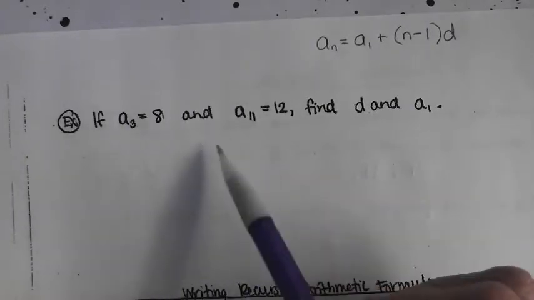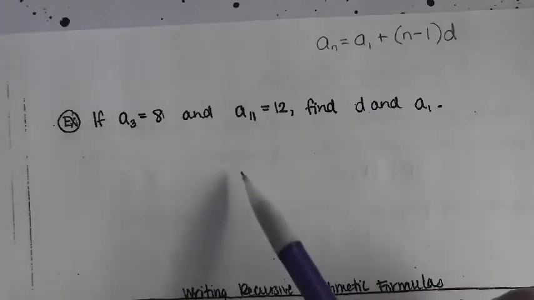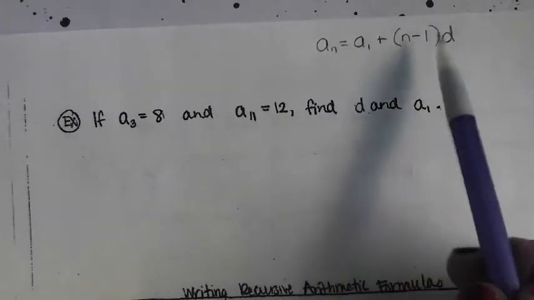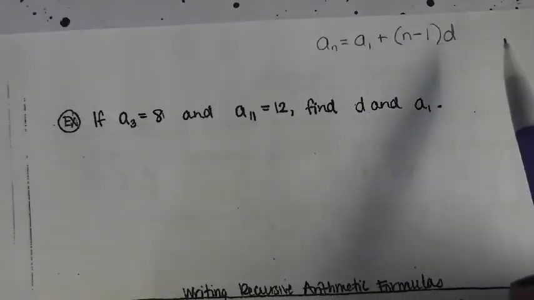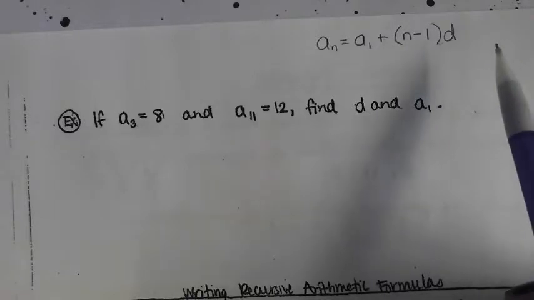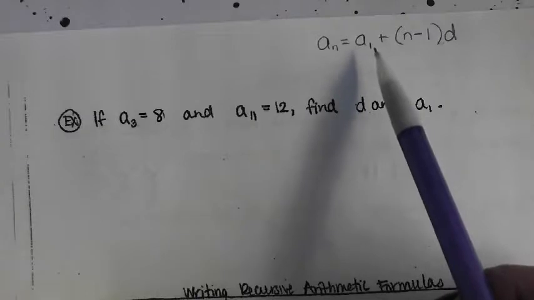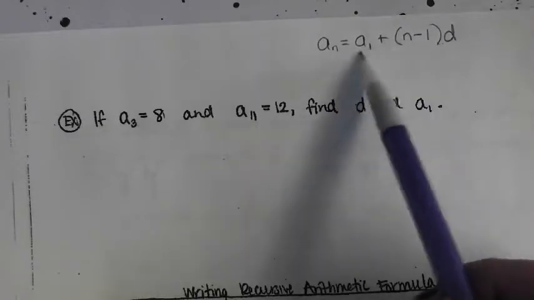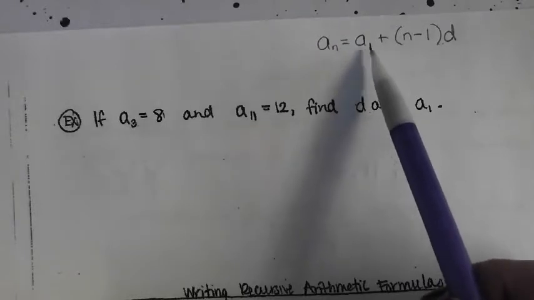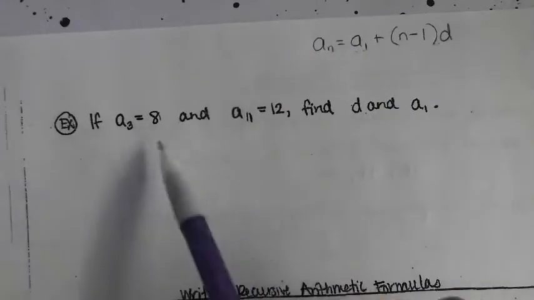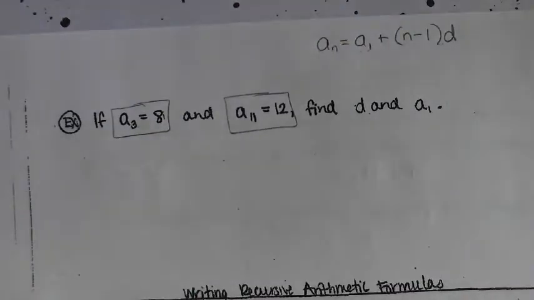I couldn't, with this formula, figure out D right from the get-go, because I don't have the first term, and I obviously don't have D if I'm looking for it. So you'd have two missing pieces of information. Do you follow? So the formula is a little bit limiting, and I'm going to give you a way to fix that in a moment, but it forces you to know the first term in order to figure this out. And obviously here we are given information where we don't know the first term.